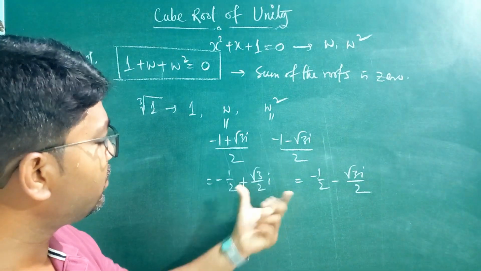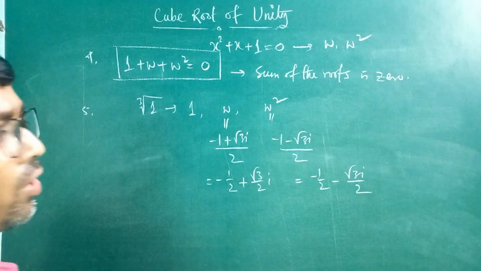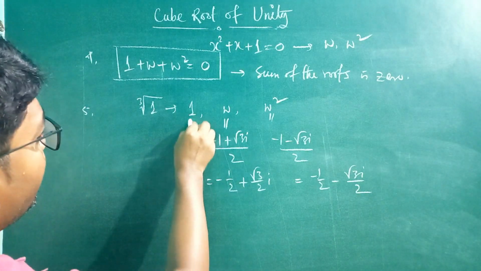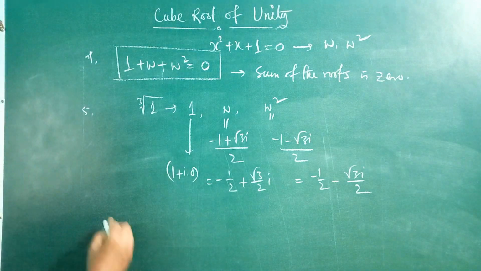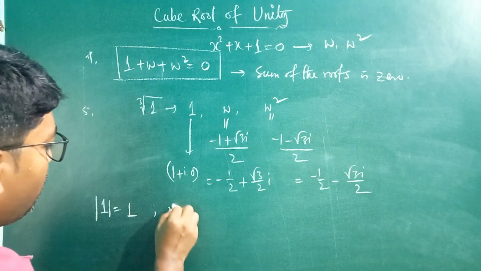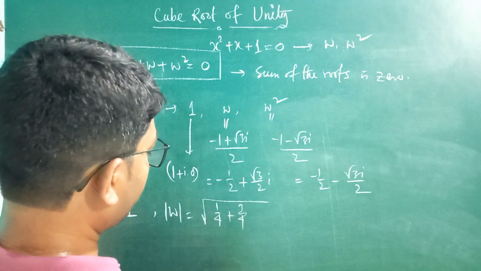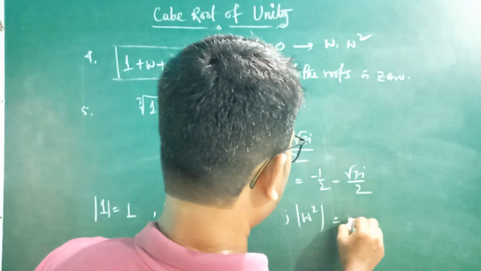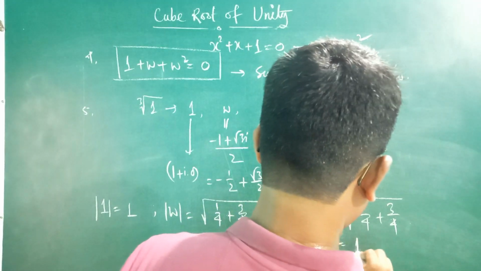That is, I am writing these imaginary numbers in the a plus ib form. So if you take their modulus, what will be the value? 1 is a real number. You can write this one as 1 plus i0. So modulus of 1 is obviously 1. Modulus of omega, if you calculate, will be root of 1 by 4 plus 3 by 4, so the result will be 1. Modulus of omega square is also root of 1 by 4 plus 3 by 4, and this one is also 1.